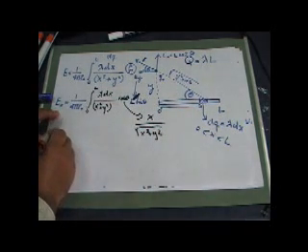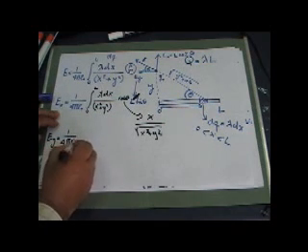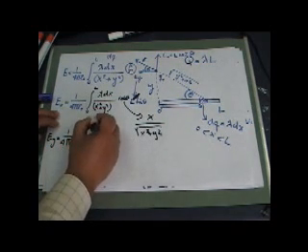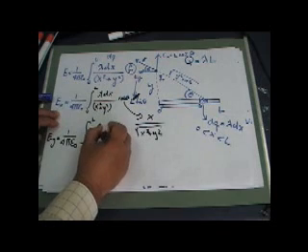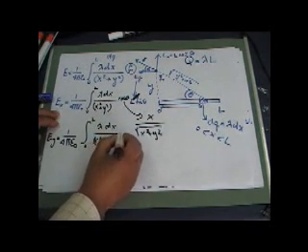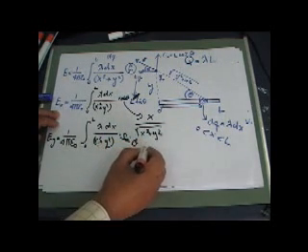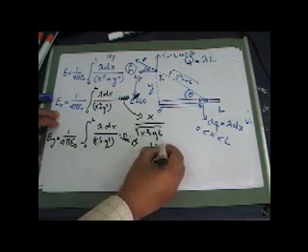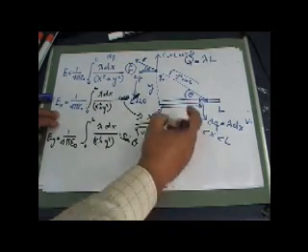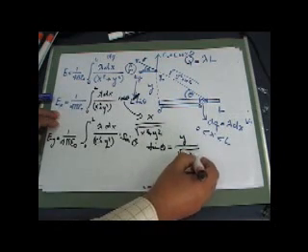Ey will be equal to 1 over 4 pi epsilon 0 to L lambda dx over x squared plus y squared again, and then I multiply by sine theta, which is equal to y over the square root of x squared plus y squared.